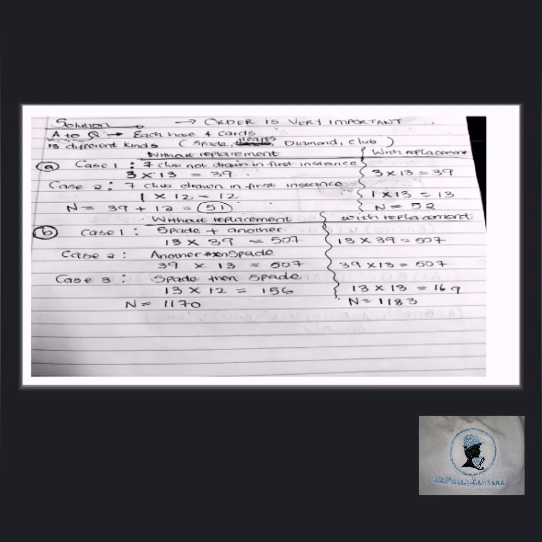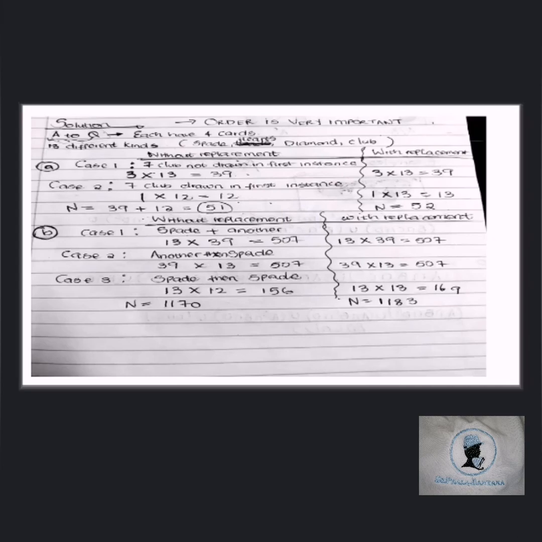If we have 13 spades, the number of ways of choosing another card that is not a spade is 52 minus 13. That's how we got the 39 here, because there are 39 ways we can choose a card that is not a spade. So there's our first answer.